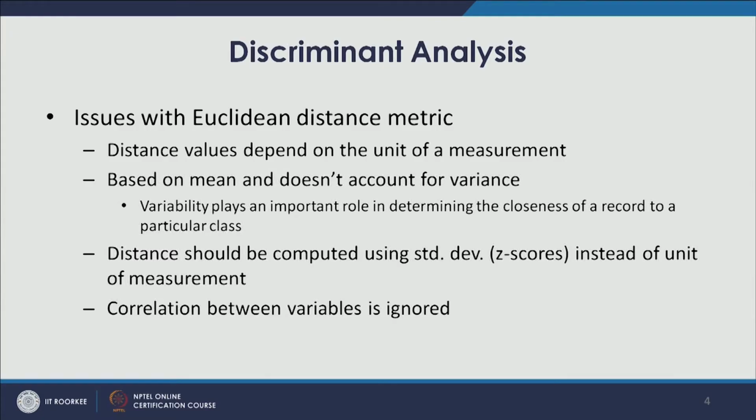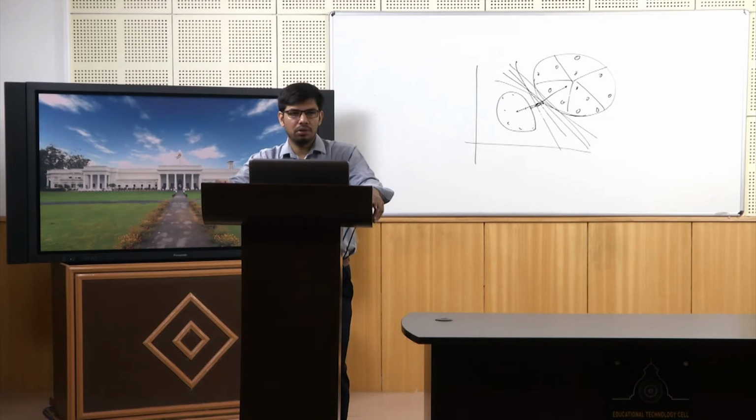To eliminate these two problems, we can think of computing distance using the standard deviation z-score instead of the unit of measurement. So instead of using the actual values, even if they are in different units of measurement, we can measure them in terms of standard deviation, that means z-scores.